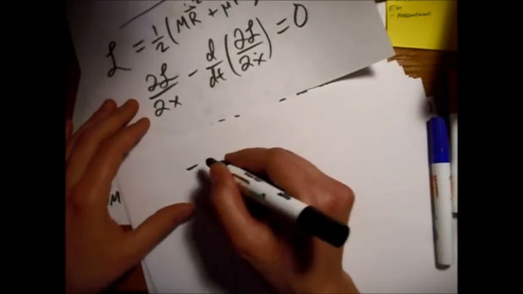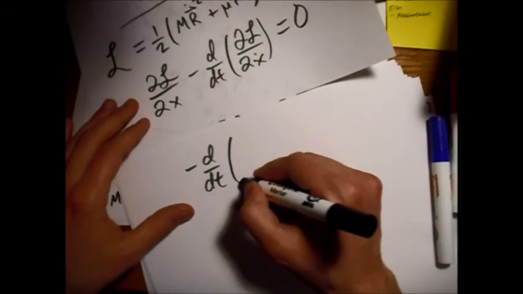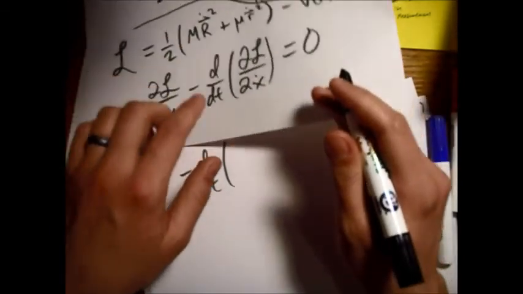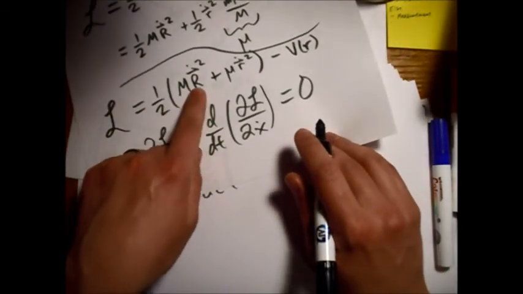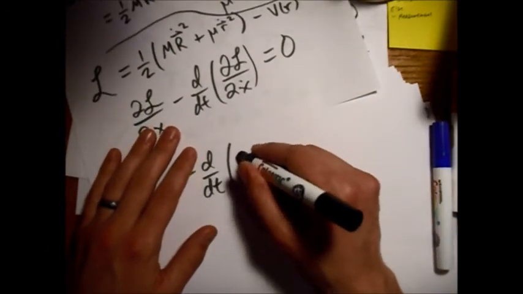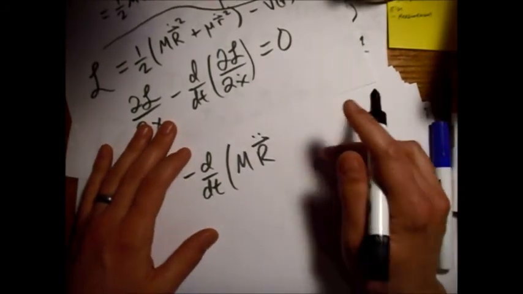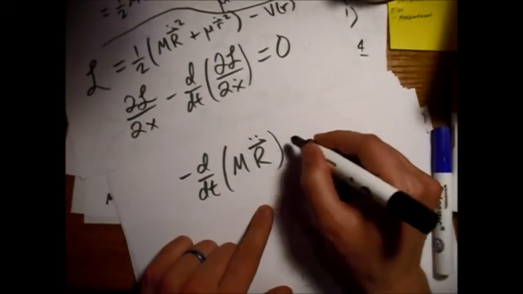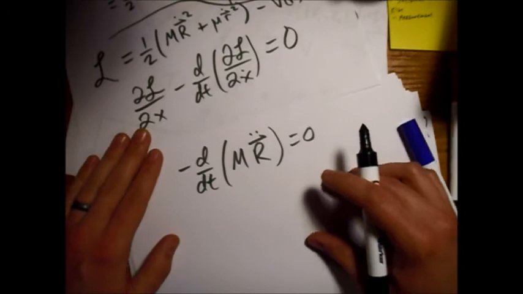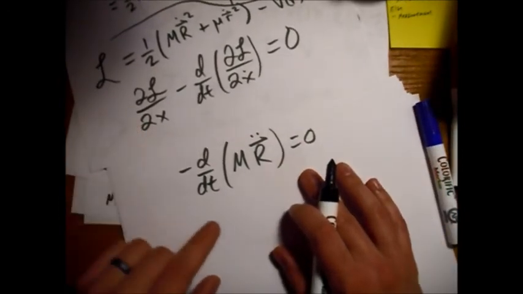All right, so what do we have? Taking the derivative of this with respect to big R dot, we just have m big R double dot. All right, so this is our first equation of motion.